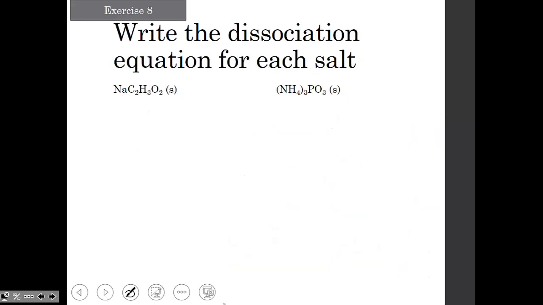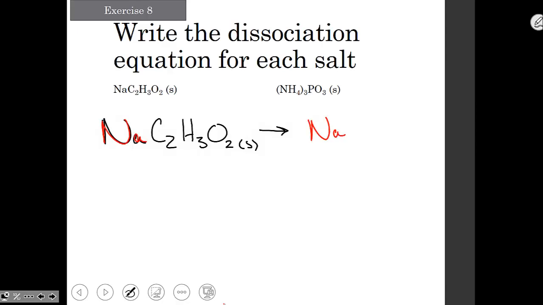So, if you look in your packet at example 8, we cover dissociation equations. Sodium acetate is going to dissociate when we put it in water. So we start with solid sodium acetate and put it in water, and it undergoes dissociation, where the cation, sodium, is going to leave the anion, acetate.